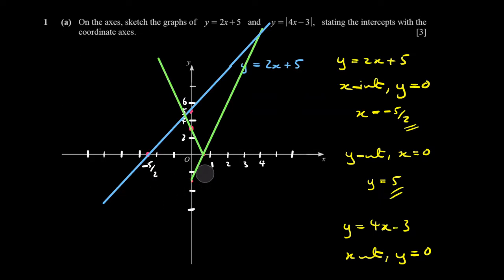Like that, like that, like that. Okay, I'm just going to label on the points so that I make sure I get the marks. That there is 3/4. And the y-intercept was at 3 there. And yet for the blue line, we've got x-intercept negative 5 over 2, y-intercept of 5. And I'll just label that: y is equal to mod 4x minus 3.